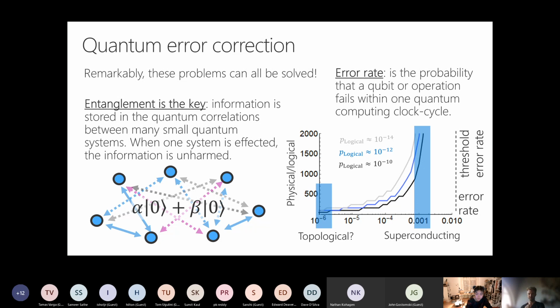But something that I just want to point out here is that it's important to note that if your qubits are better, if they have lower noise, then you need far fewer of them to do so.